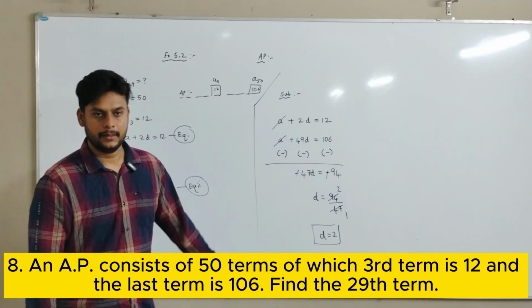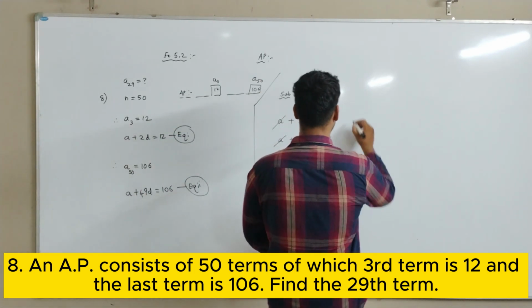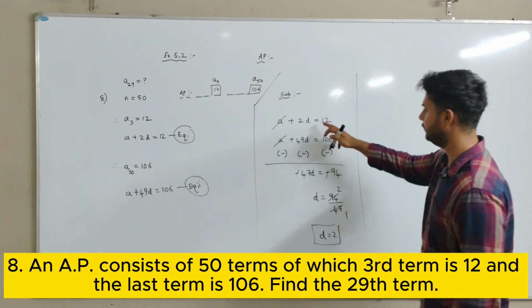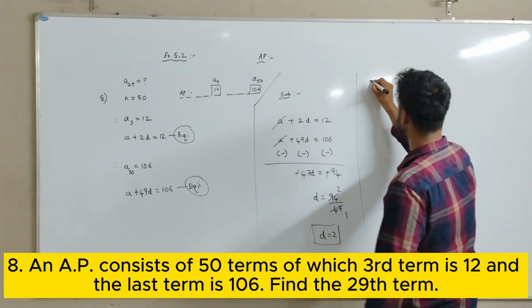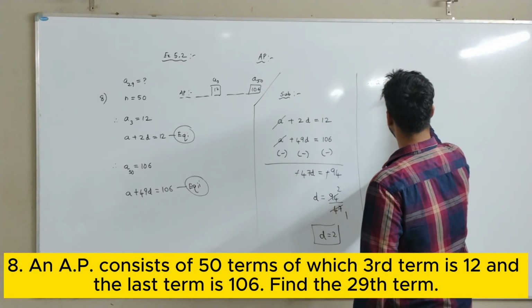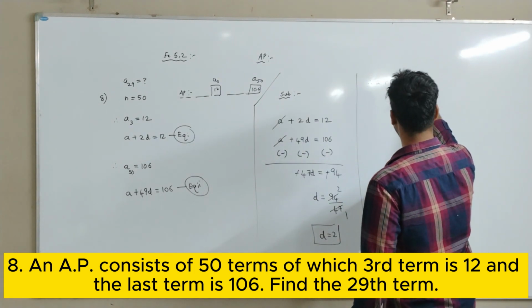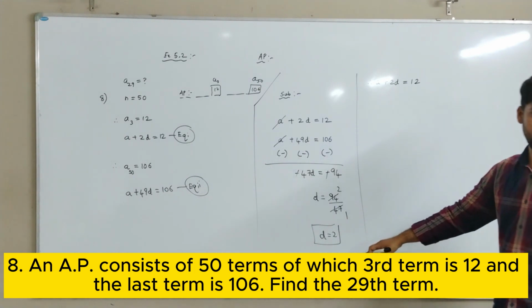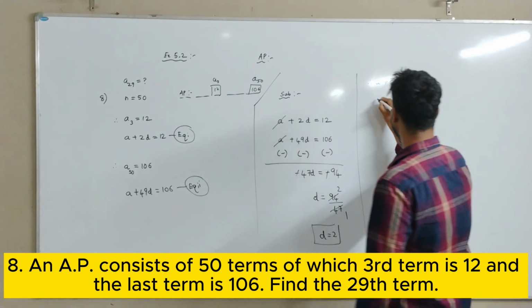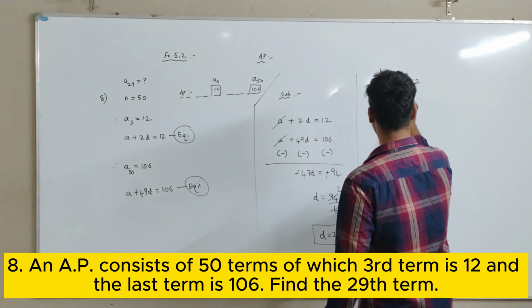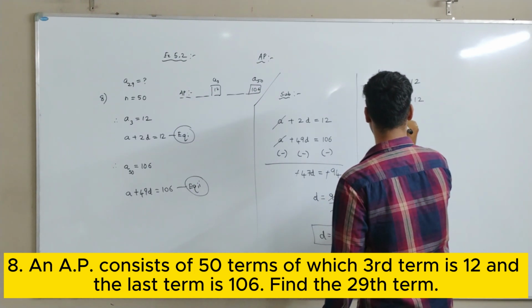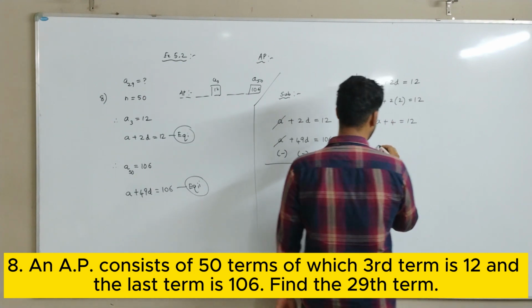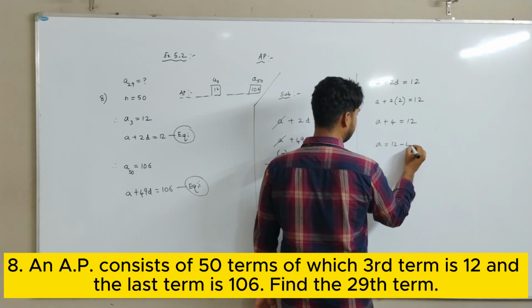After getting D, I should put this value in the first equation. So A plus 2D is equal to 12, in which D is equal to 2. A plus 2 times 2 is equal to 12. A plus 4 is equal to 12. A is equal to 12 minus 4.